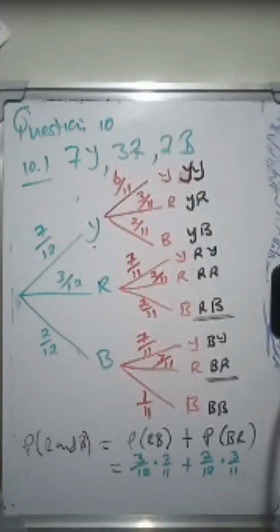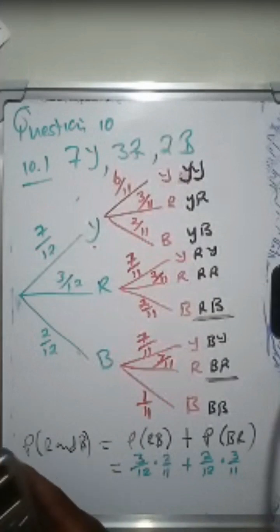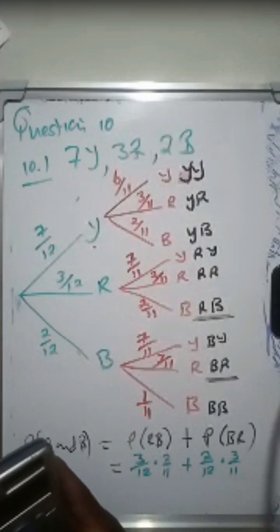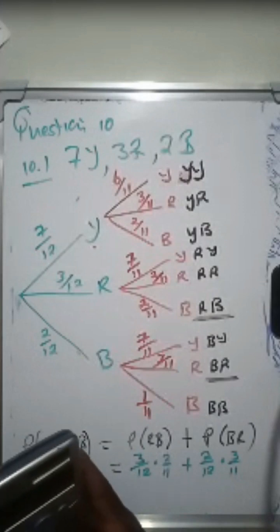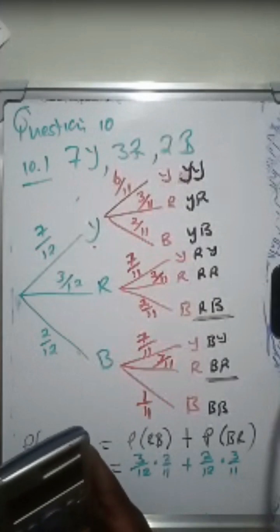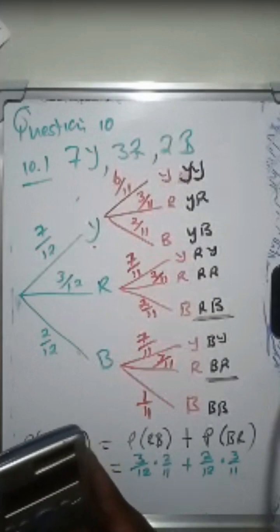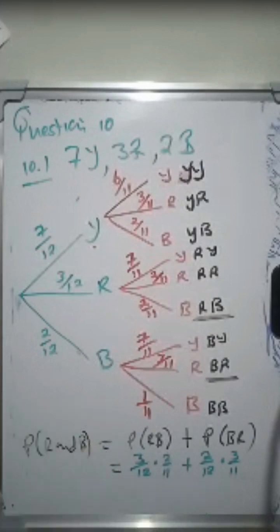So you take your calculator there, then you calculate. So 3 over 12 times 2 over 11 plus 2 over 12 times 3 over 11. So the answer is going to be 1 over 11.